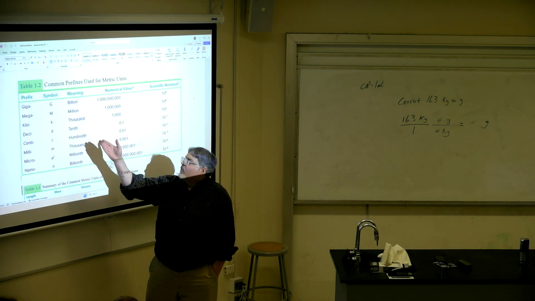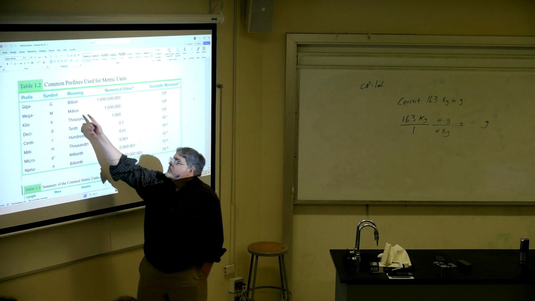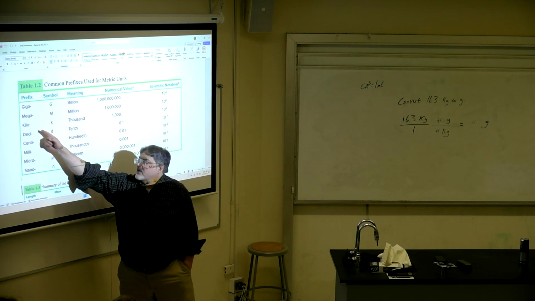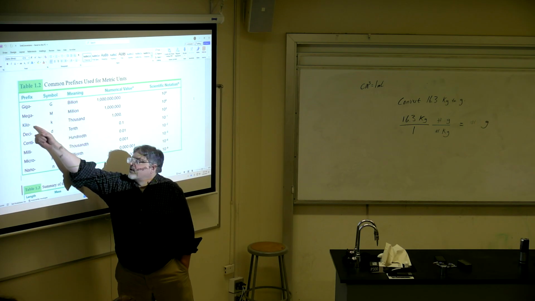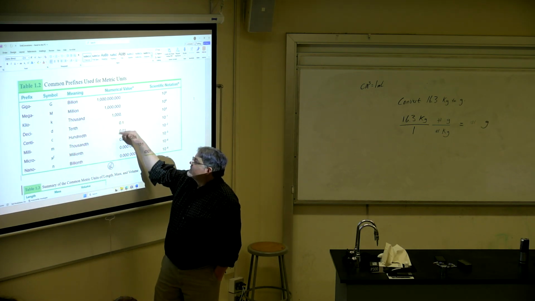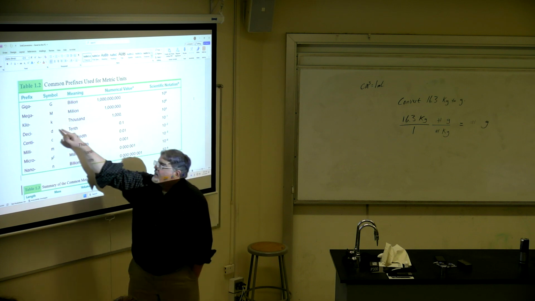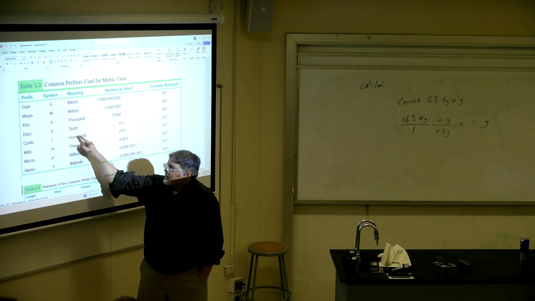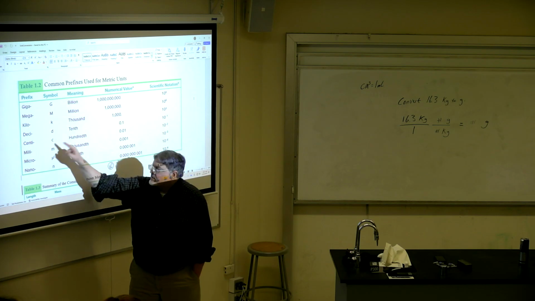But if, say, we were working in grams, this would be gigagram, megagram, kilogram, and then right here would be right where there would be a 1. If I could shift this down and put a 1 there, that would just be grams. And then we go to 1/10 of a gram, it's decigram, centigram.